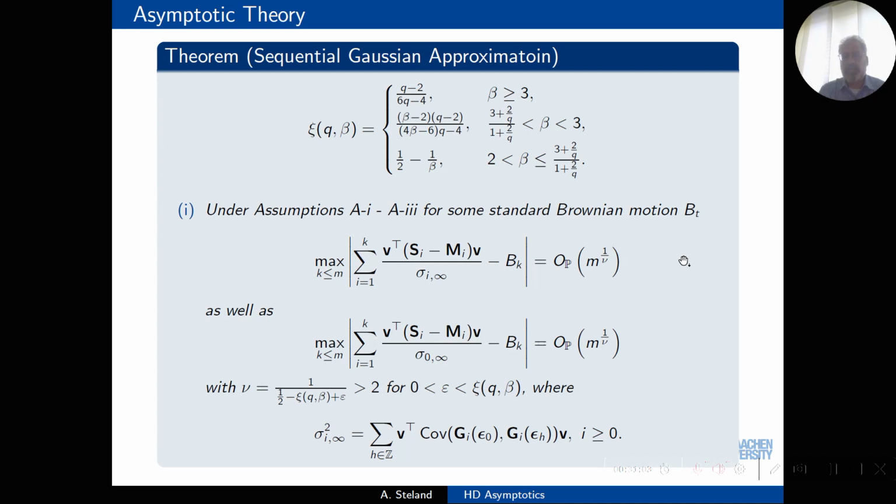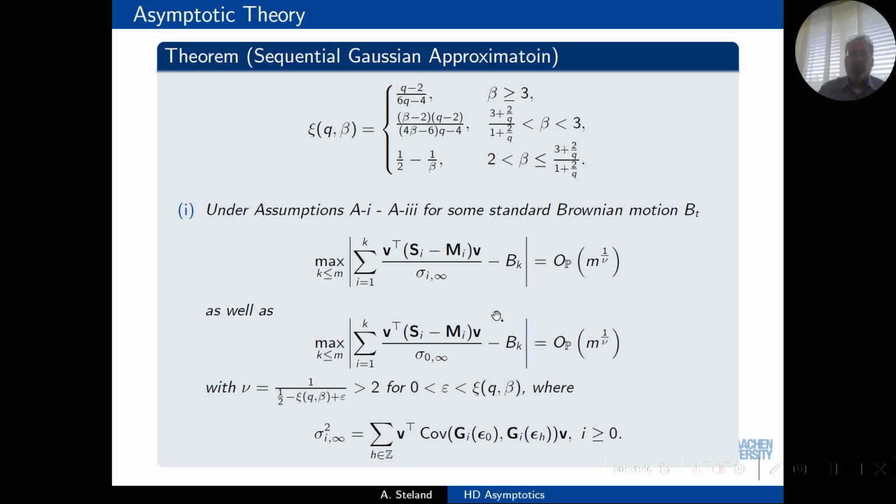And under the assumptions imposed on our model, we can approximate partial sums of the quadratic forms, centered at the expectations and standardized correctly, by standard Brownian motion, uniform over k, and this is of the order m to the power 1 over nu, and nu is larger than 2 and essentially given in terms of the psi expression.